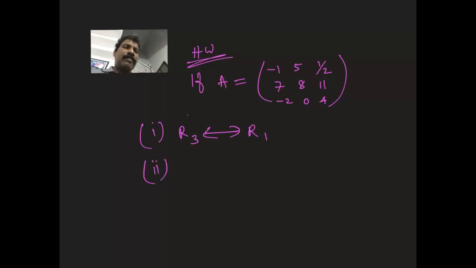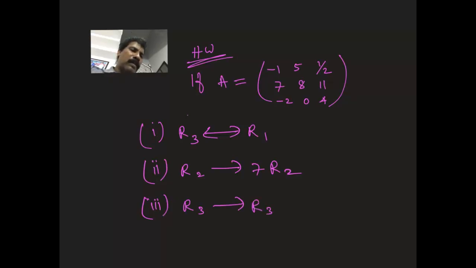Second operation, that is R2 transformed as 7 times R2, and third operation is that R3 transformed as R3 plus 8 times R1, and the fourth operation is that R3 transformed as R3 minus R2 plus 4 times R1.